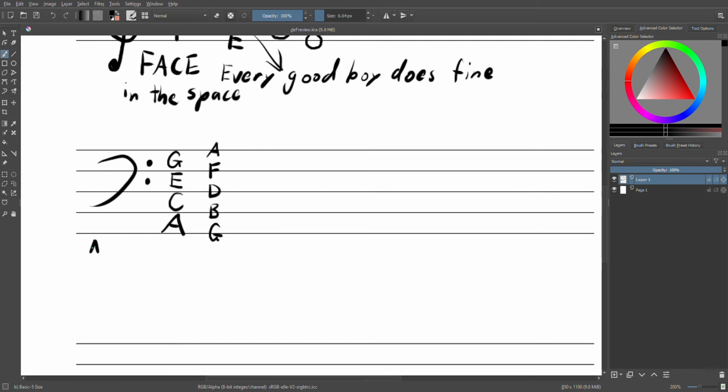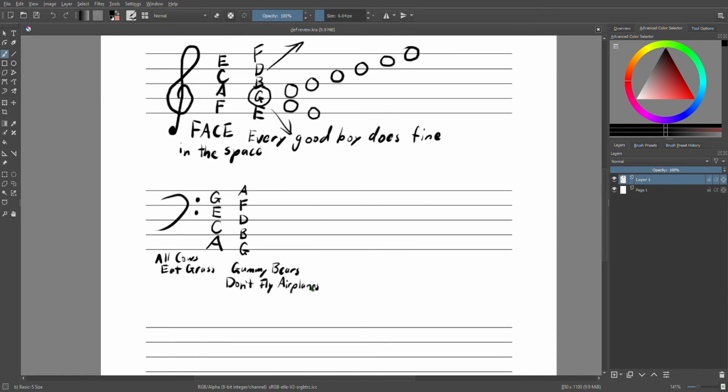So we have all cows eat grass and gummy bears don't fly airplanes, with my messy handwriting.